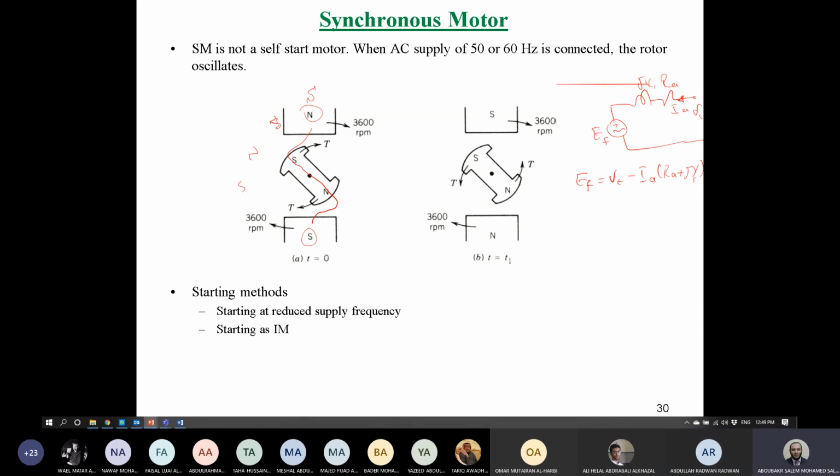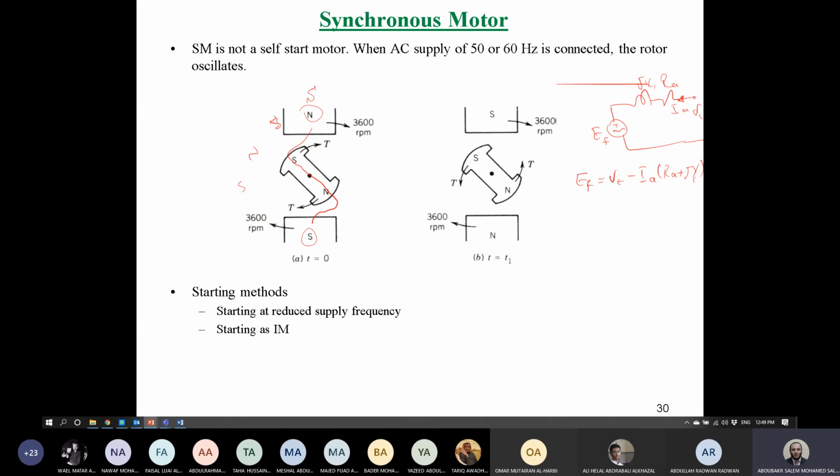If we reduce the speed, this will allow pole S to be attracted to N. And if the poles change after that, N will travel and take pole S with it, which means the rotor will start motion. So one of the solutions is to reduce the rotation of the magnetic field.